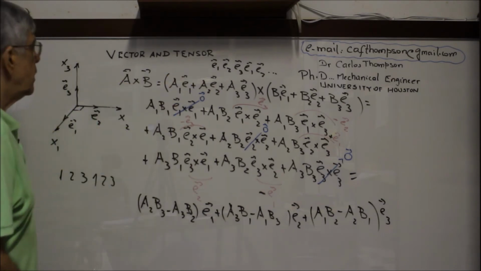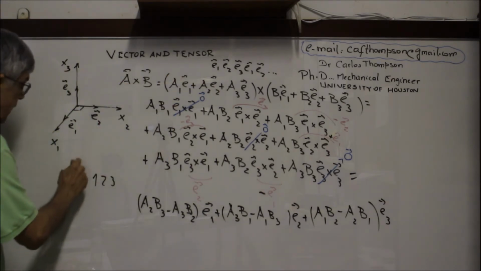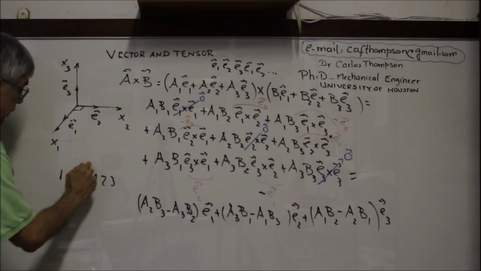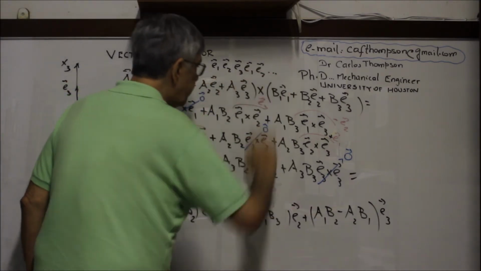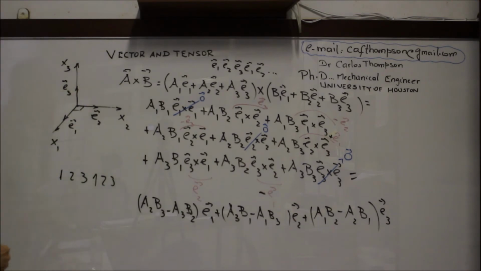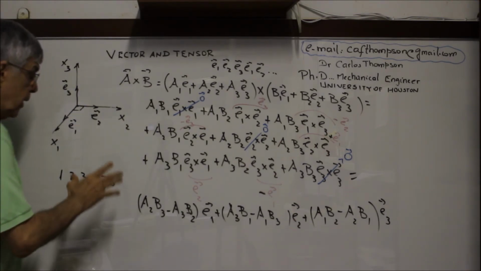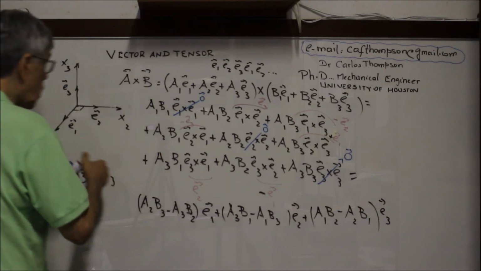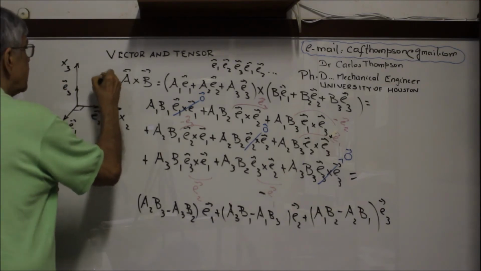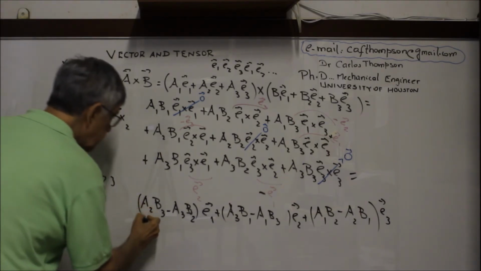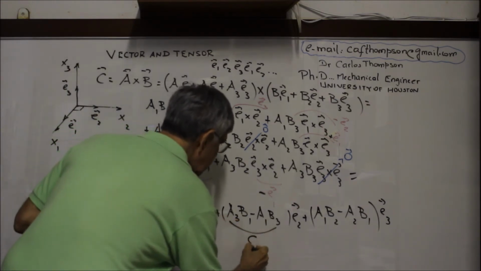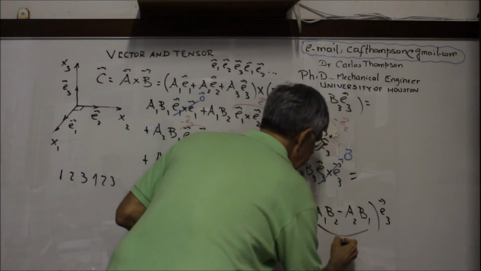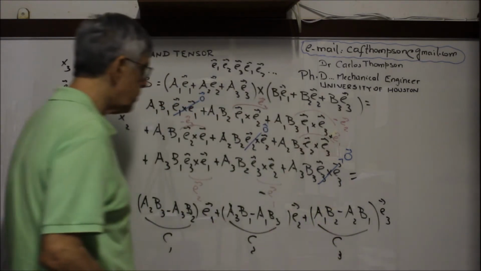Just look, there's a cycle, 1, 2, 3, 1, 2, 3, like here, E1, E2, E3, E1, E2, E3. It's simple. So, this is a product. If you call this vector C, this will be C1, C2 and C3. That's my vector.